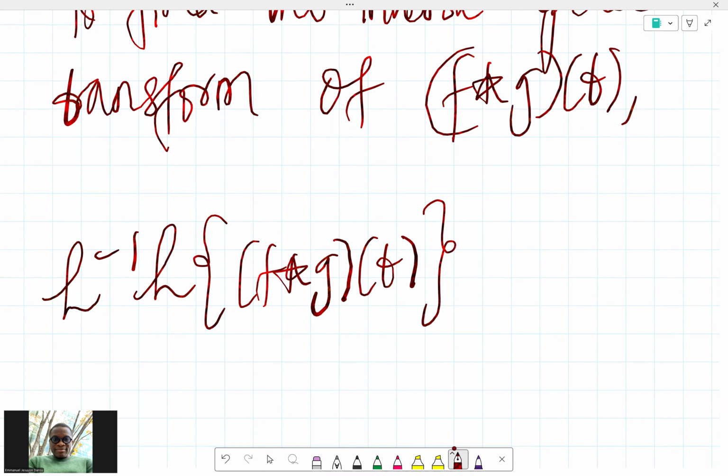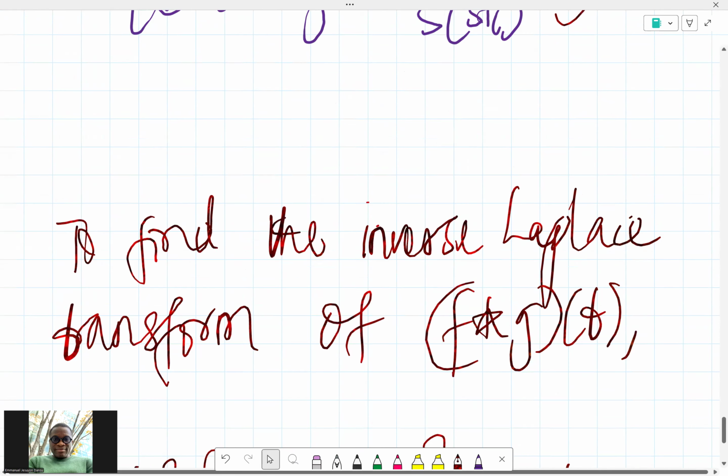We are taking it back to where we came from, and normally that should be t e raised to minus t. What we get may look even simpler than that, but analytically it is exactly the same expression. So that will be the Laplace inverse of what we got there, 1 over s squared into s plus 1.